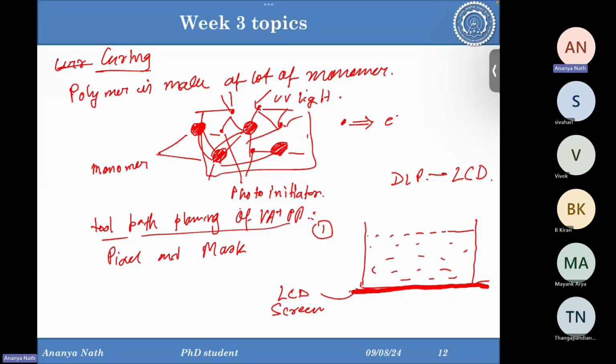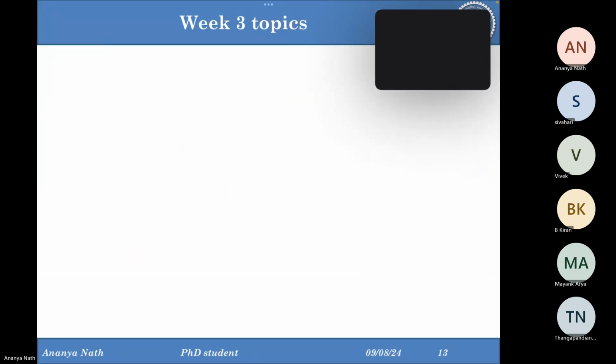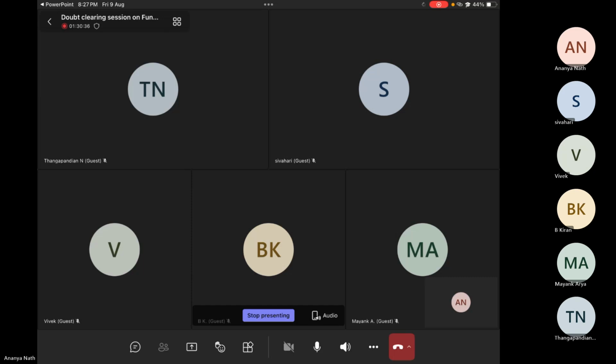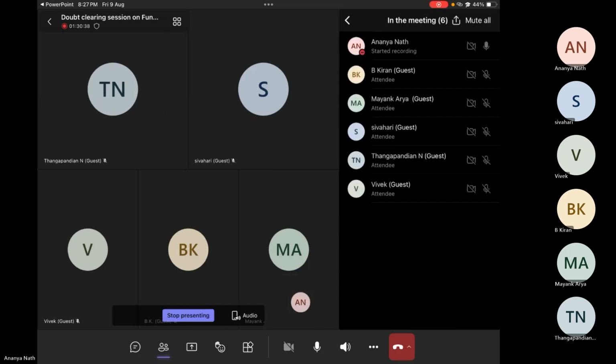So can anybody tell me, if this is a bottom up approach, then how will the build plate be present inside this VAT? Anybody? I just now discussed.